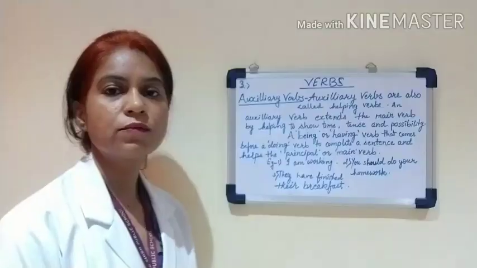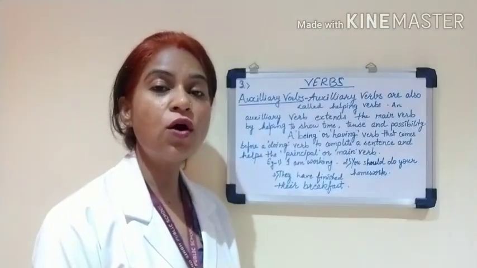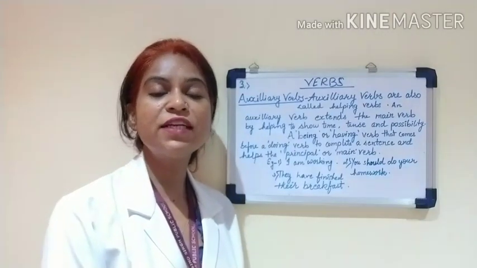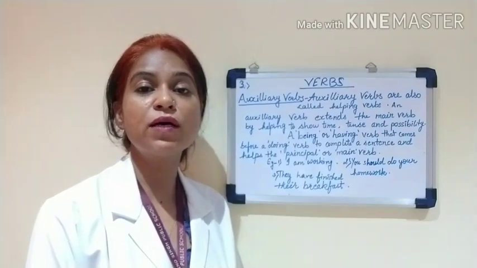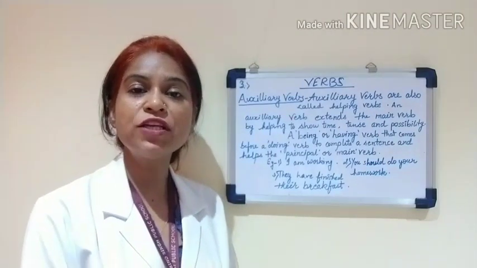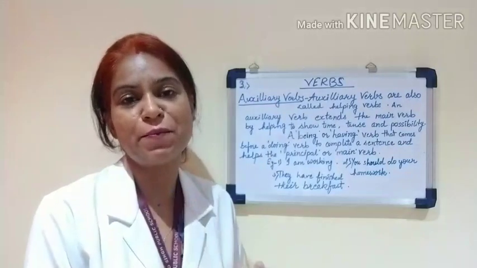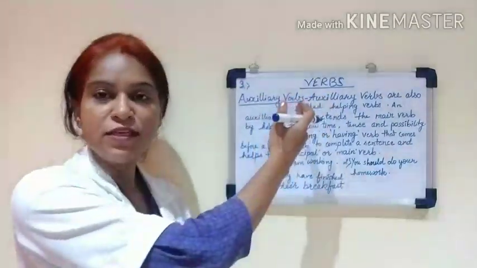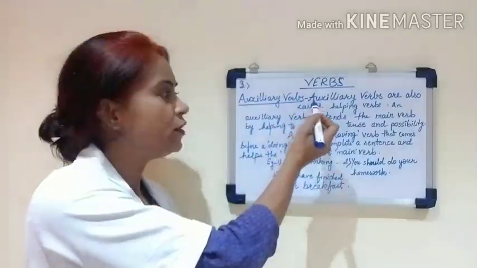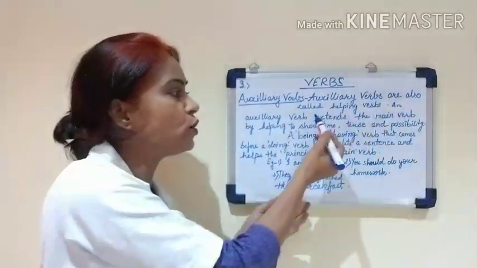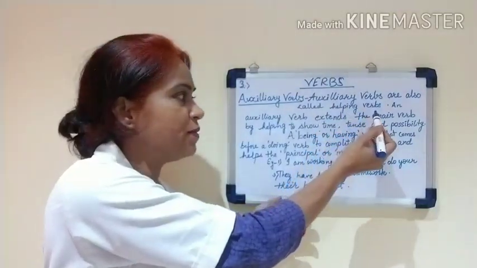Moving to the next. Third is the auxiliary verb. You have studied in a previous class about the helping verb. Actually, auxiliary verb and helping verb are the same. The definition: auxiliary verbs are also called helping verbs.